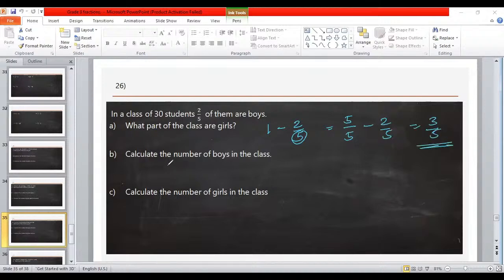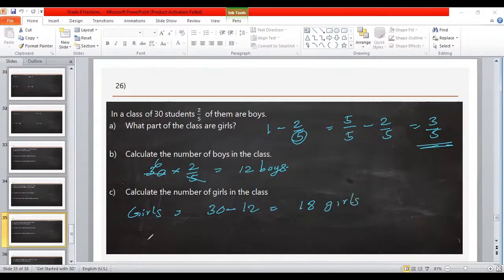Calculate the number of boys in the class. In a class of 30 students, 2/5 are boys. 6 times 2, 12 boys. Then girls: 30 minus 12, that is 18. 18 girls.